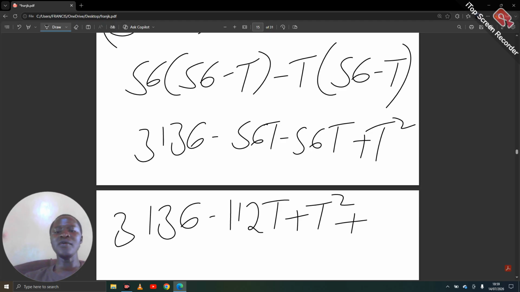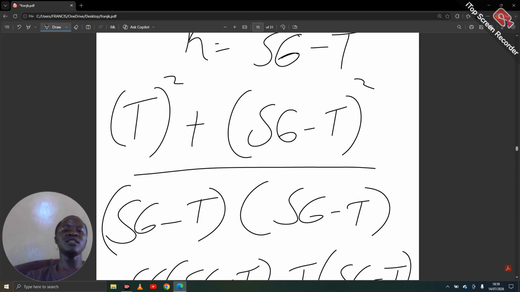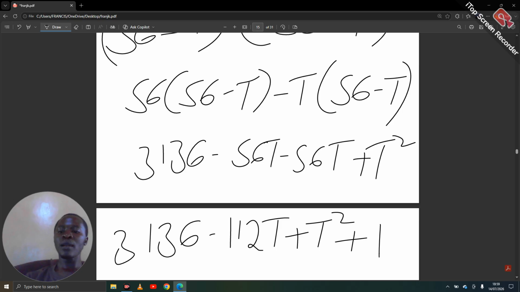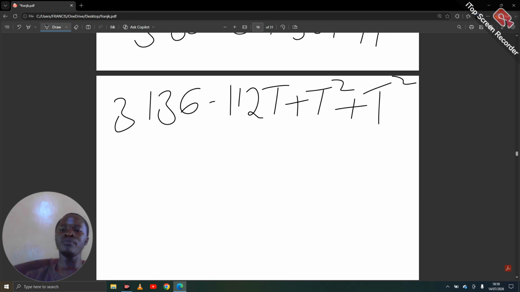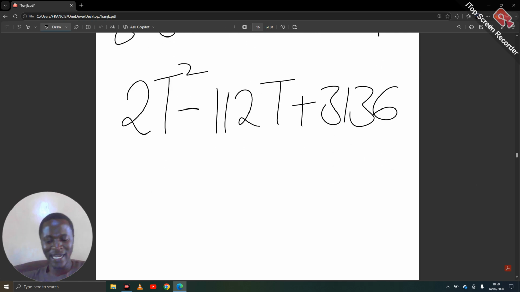Then include the t squared that was left hanging, so plus t squared. Then simplify it all, so we shall have 2t squared minus 112t plus 3136.